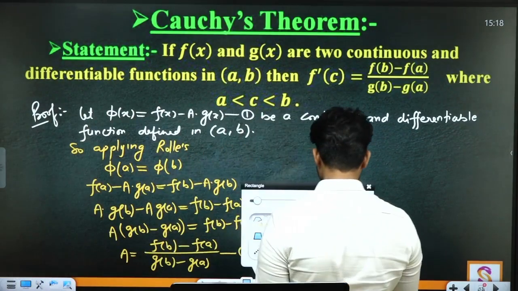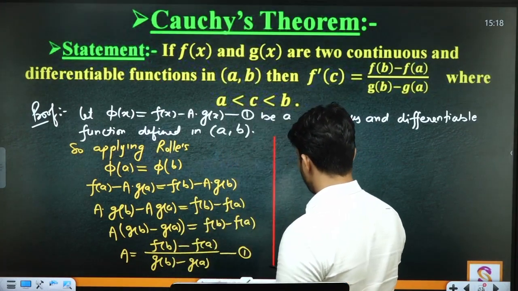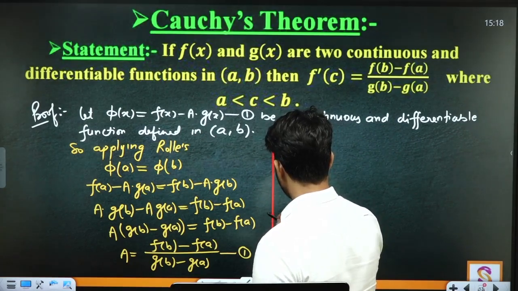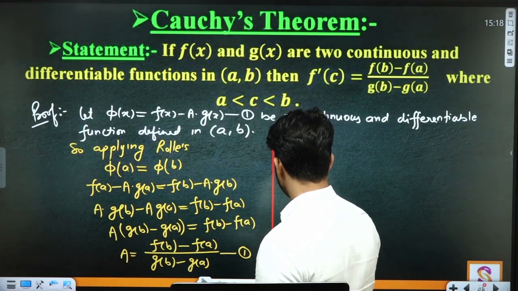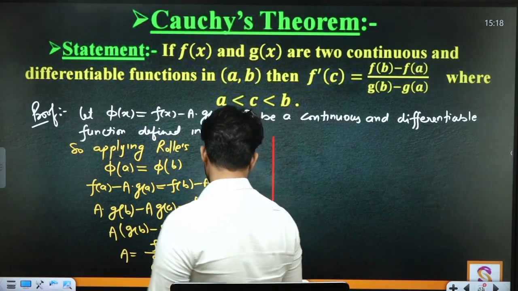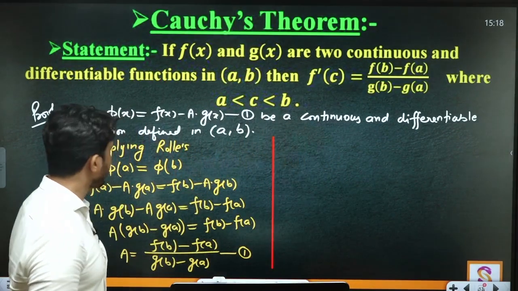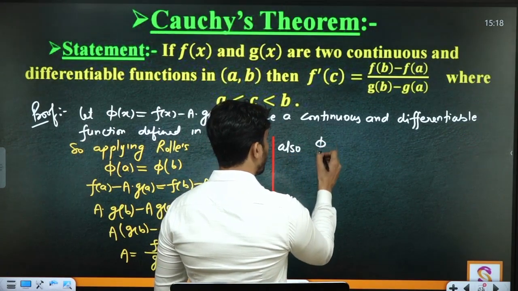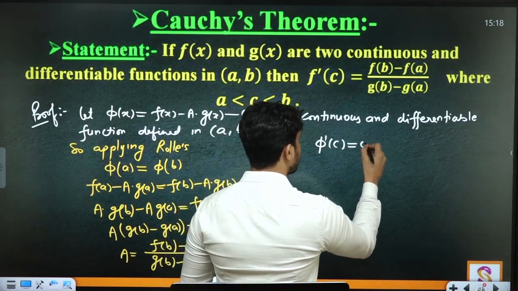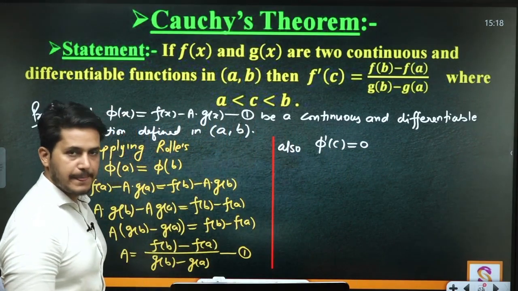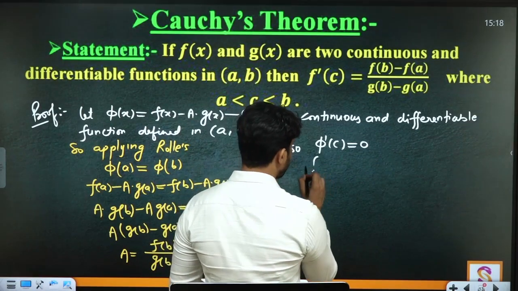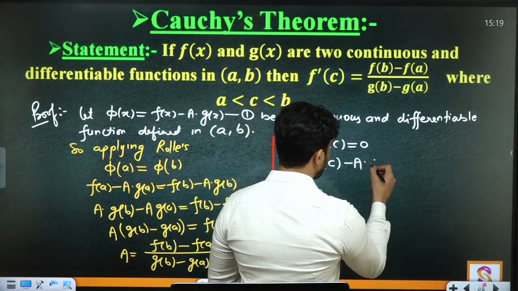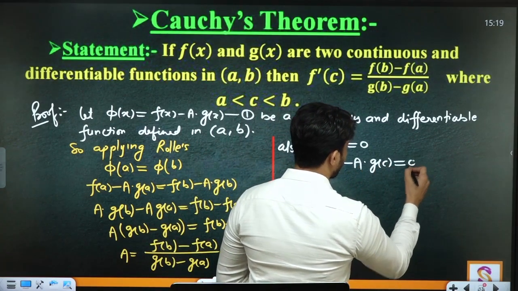Secondly, क्या करना है? phi dash c equal to 0. F dash c की जगह यहाँ क्या लिखेंगे? Phi dash c. Also phi dash c equal to 0. Phi dash c means you have to differentiate the function and put x equal to c here. f dash c minus capital A into g dash c is equal to 0.